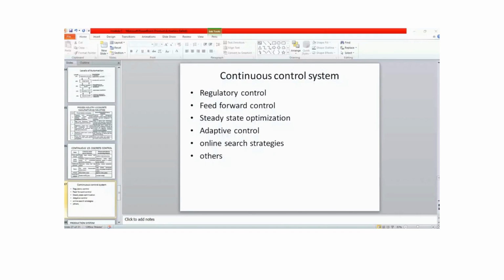In that, you also get a feed forward controller. The main thing about the feed forward controller is that it prevents the system from experiencing disturbances. It takes corrective action before the process goes on.